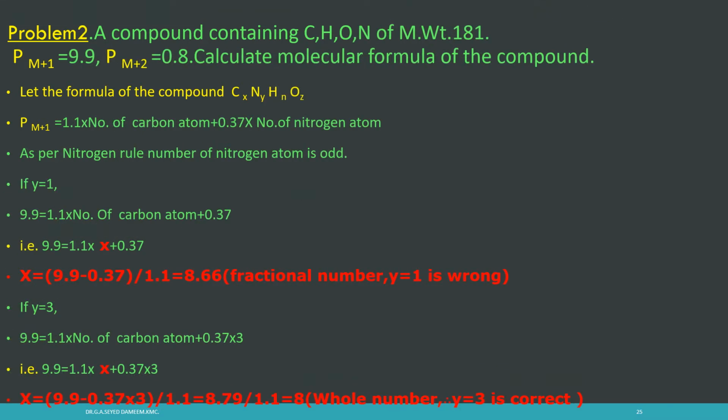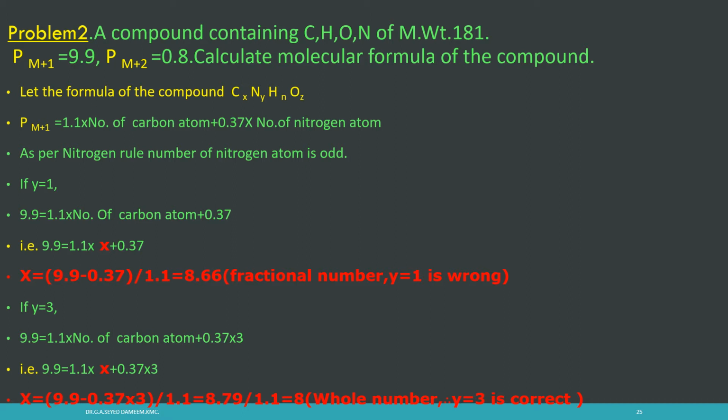In this slide, another problem is discussed to determine the molecular formula from the intensity of isotopics, for a compound containing carbon, hydrogen, oxygen, and also nitrogen. Here the problem number is 2: a compound containing carbon, hydrogen, oxygen, and nitrogen of molecular weight 181, and the intensity of isotopics M plus 1 is equal to 9.9, M plus 2 is equal to 0.8.